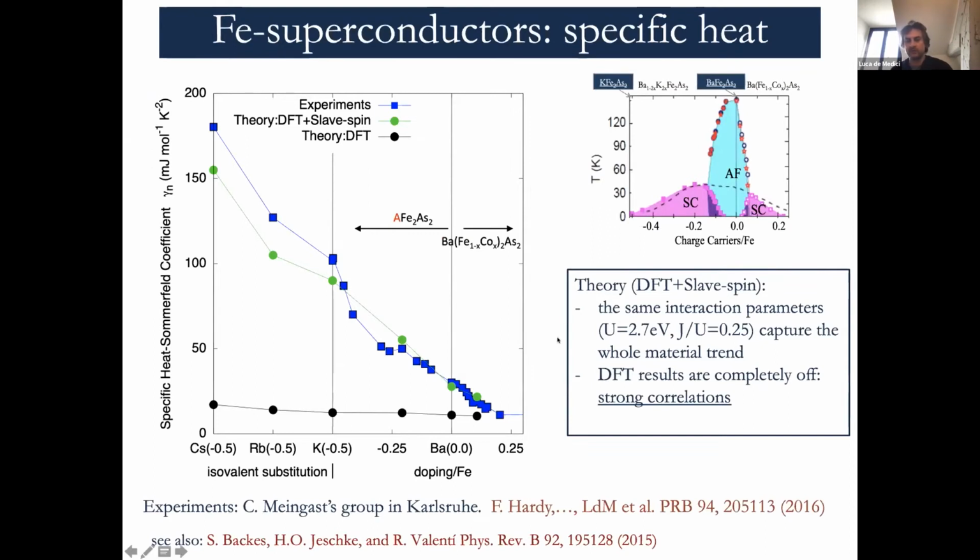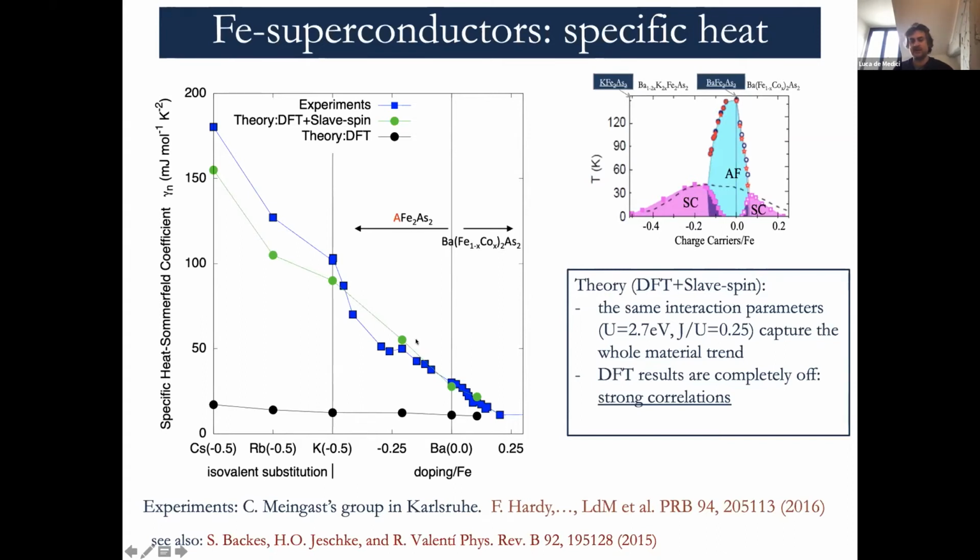Now we'll go quickly through a few points. The correlation strength and the orbital selectivity increase with hole doping, going from 6 towards 5 electrons in these calculations, and I think this is confirmed in experiments. I'll show some results from the 1-2 family, which is the one that can be doped a lot and in a very detailed way with holes and electrons.